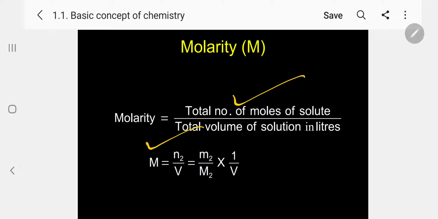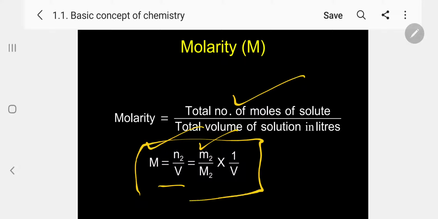Mathematically, I can give capital M equal to n2 by V, where n2 is the number of moles of solute and V the volume of solution in liter. Or I can substitute m2 by capital M2 into 1 by V, that is the molarity. Please follow, volume is involved in this equation.